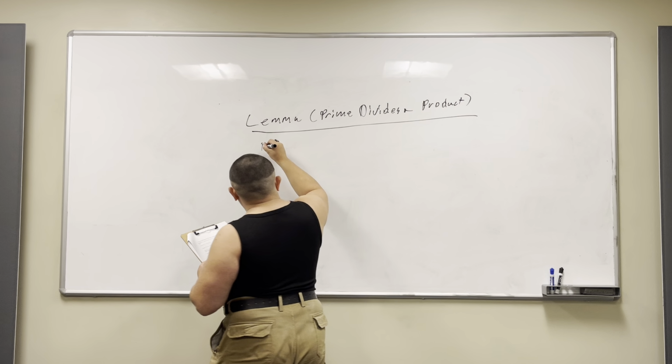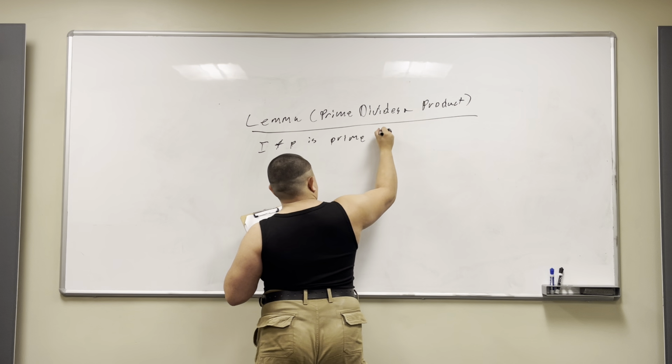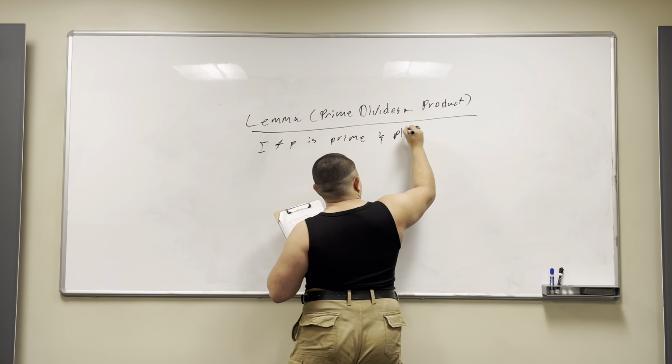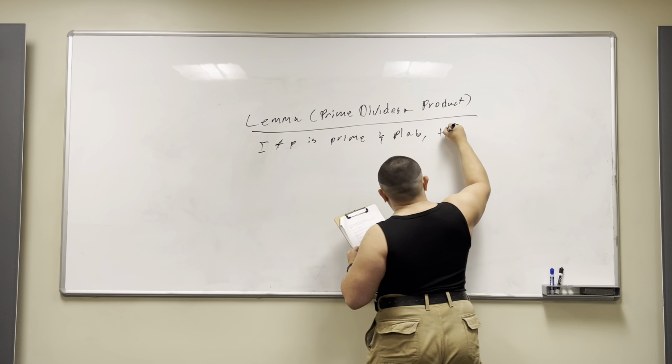If p is prime and p divides ab, then p divides a or p divides b. Proof.